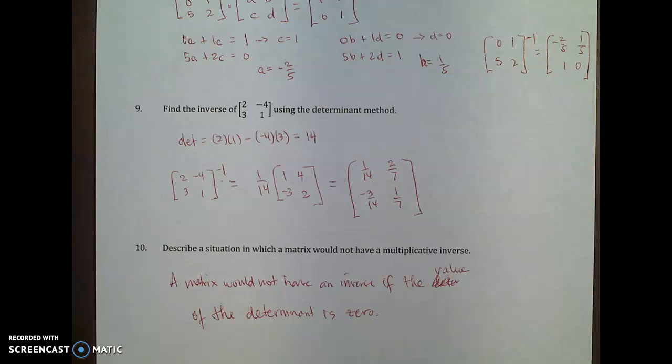Alright, and finally for number 10, a matrix would not have a multiplicative inverse if the value of the determinant is 0.